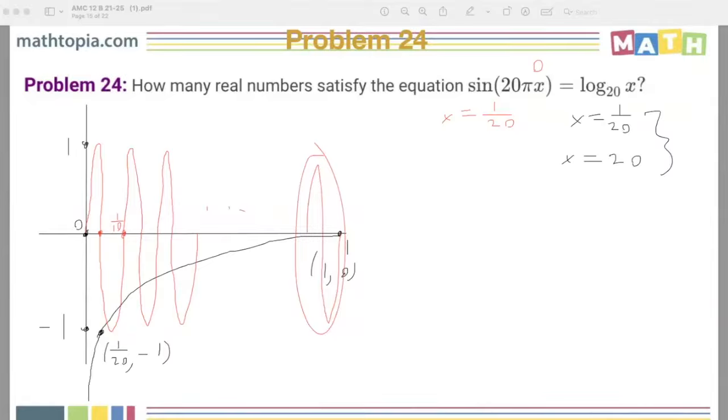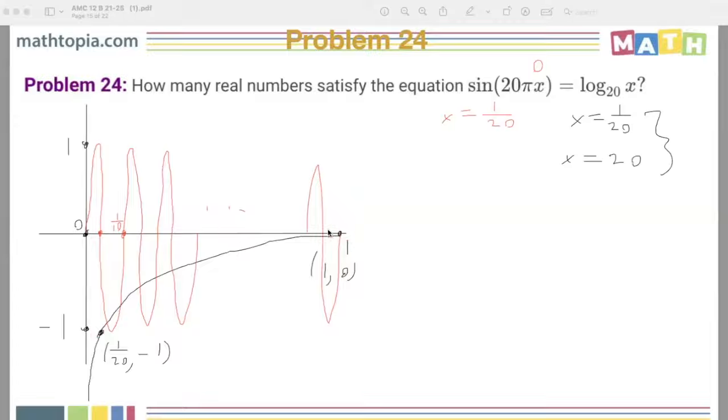So how many intersections did we find between 0 and 1? There's this loop that happens a total of 10 times, because this up-down cycle happens 10 times from 0 to 1. Each time we have a loop, it's going to intersect with the logarithm function exactly twice, because between the values of 1/20 and 1, the logarithm is always between -1 and 0.